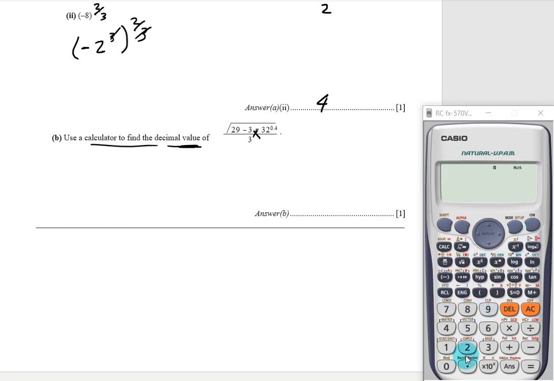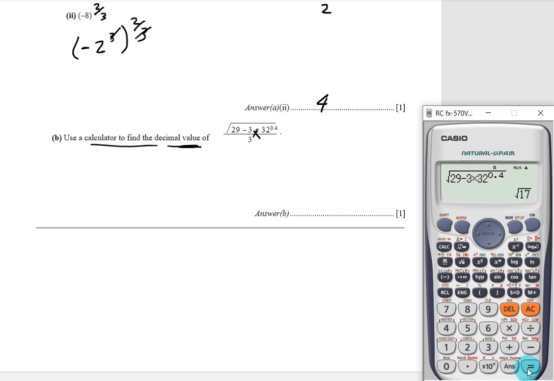Use our calculator. Square root of 29 minus 3 multiplied by 32 power 0.4.